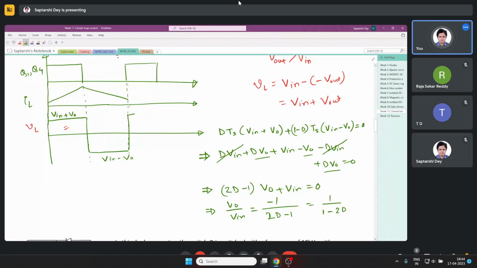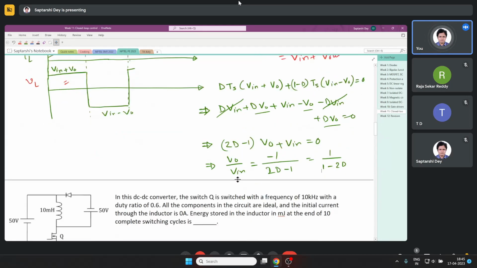Did I do it correctly? Minus V in by V naught is this, so V naught by V in is the reciprocal, with the minus sign. Yes. So you see, this looks like a boost converter, 1 by 1 minus 2D.